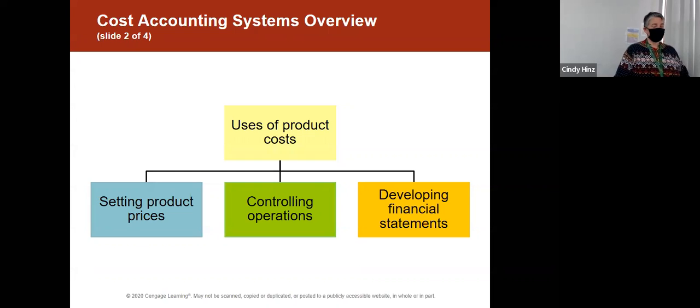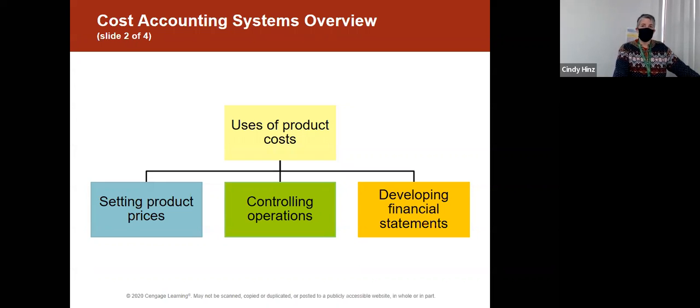We also need to know what our costs were so that we can report on them, and that's where we were focusing in the previous chapter, calculating cost of goods manufactured and cost of goods sold. Both of those make up part of the calculation on our income statement. So in order to have accurate financial statements that reflect reality for our company, we need to know what those true costs are.